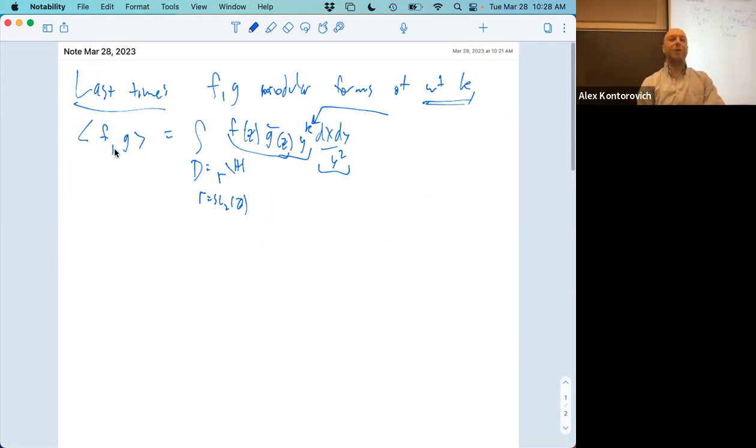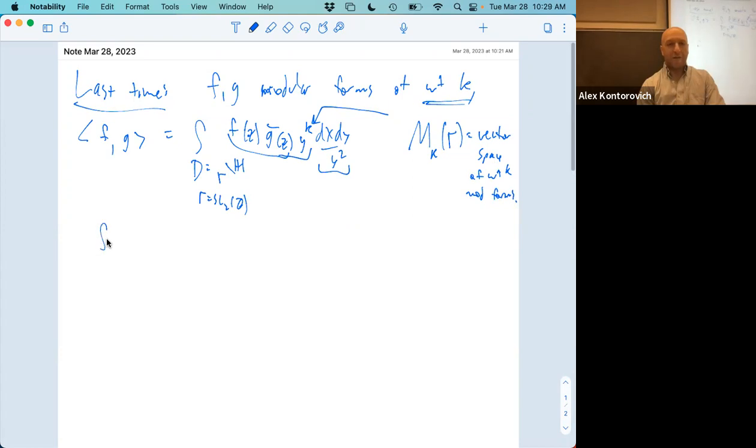So for this to be a Hilbert space, we want to think of the space M_k of gamma as a vector space of weight k modular forms. I mean, you can remove k and do general stuff.